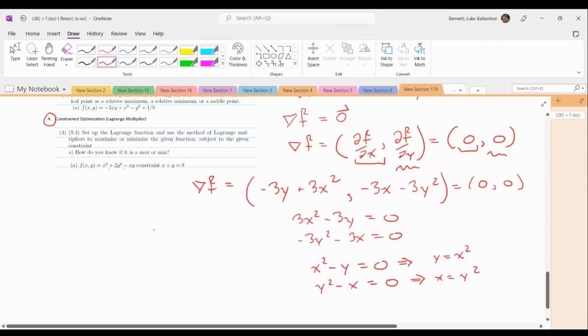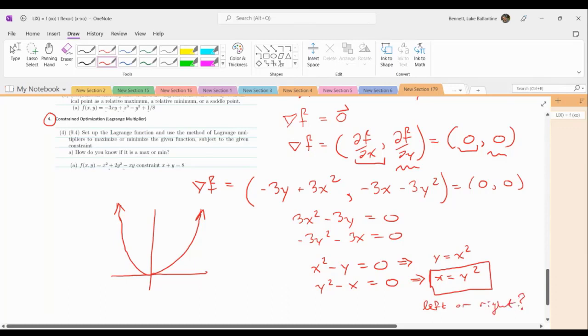Anyways, we have one parabola looking similar to this, and another parabola. So does x equals y squared open to the left or to the right? Can anyone tell me this?